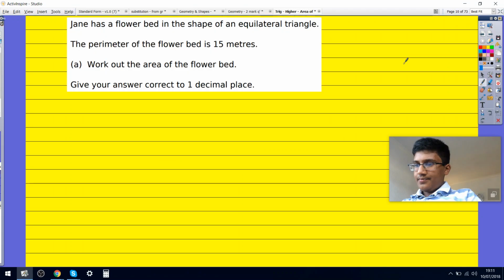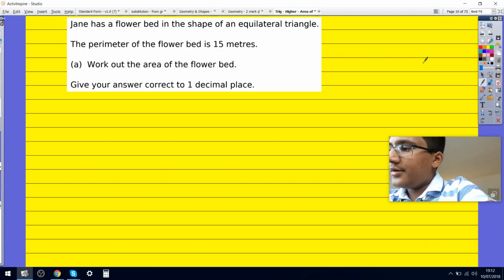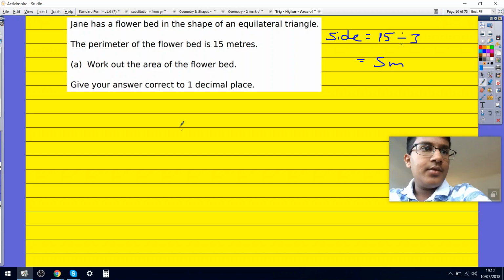Okay, worded question. The flat bed in the shape of an equilateral triangle. So if the three sides total 15 meters, then one side is 15 meters over 3, which is 5 meters per side. We know the angles in an equilateral triangle are 60 degrees.